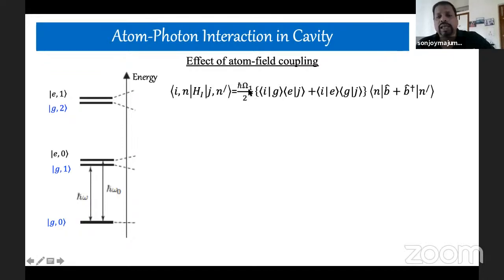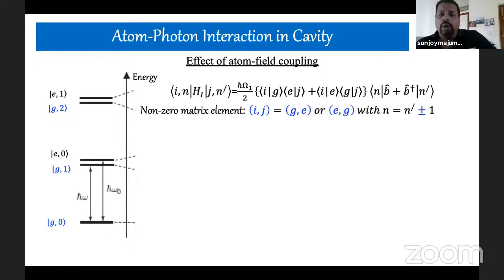Let's say we are having the one photon case. I should have written omega n, because we are writing Gn form, so this is between n and n prime. So omega 1 is just another Rabi frequency corresponding to this transition. In that case, your problem will be clarified. Now, what would happen?